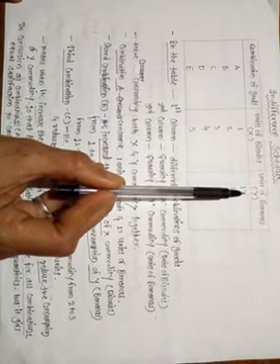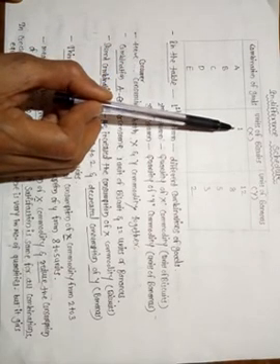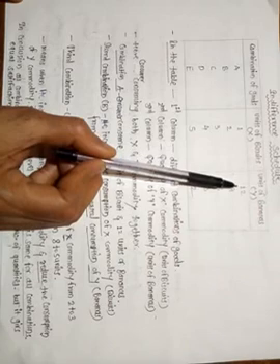Here the consumer consumes both X and Y commodity together. At combination A, the consumer consumes 1 unit of biscuit and 12 units of bananas.